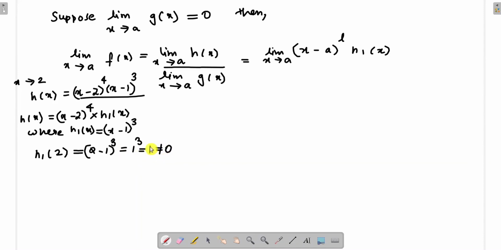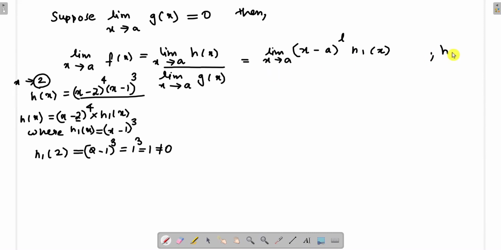So whenever we separate the function hx into two factors, in which one factor contains the number 2 at which we have to find the limit, and the other one does not contain the number 2, the function which does not contain the number 2 will not be equal to 0, right?